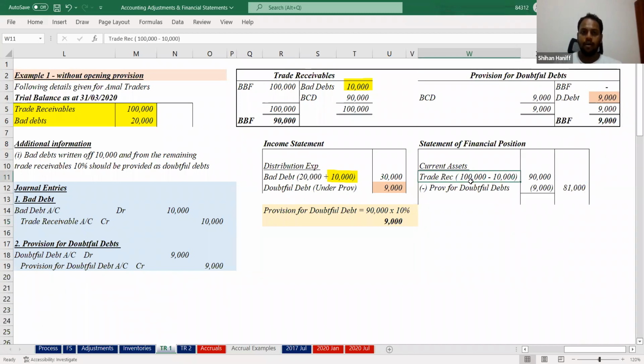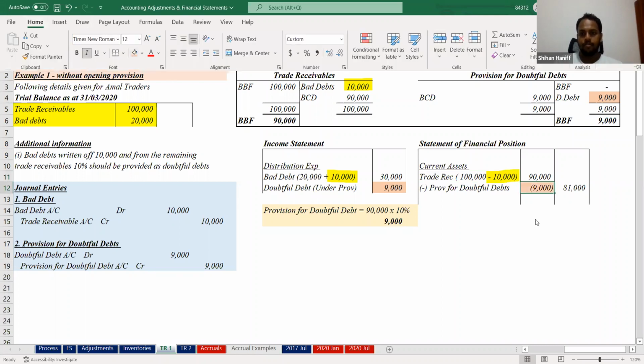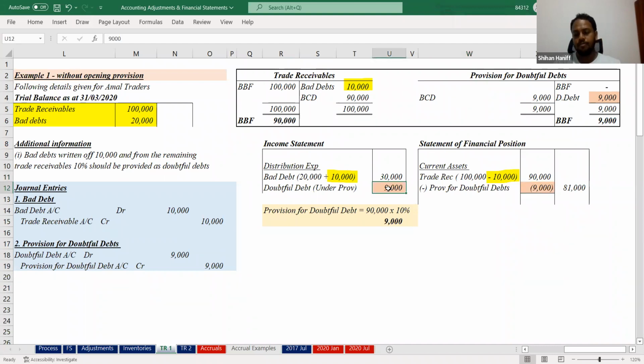Trade receivables was 100,000 and 10,000 was deducted. Double entry is 10,000, 10,000. And for doubtful debt, the double entry is 9,000, 9,000.